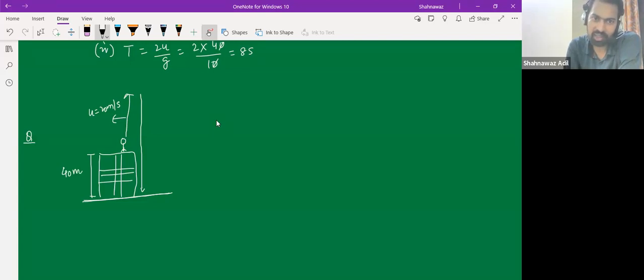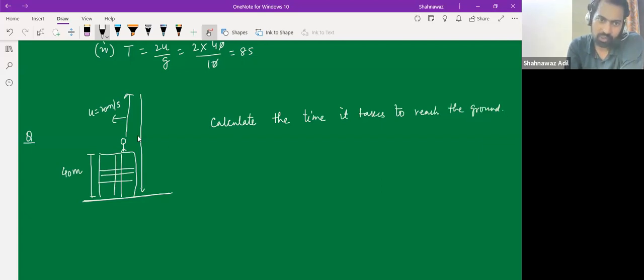The question is to calculate the time it takes to reach the ground. So it goes up and then falls back, and we have to calculate the total time.